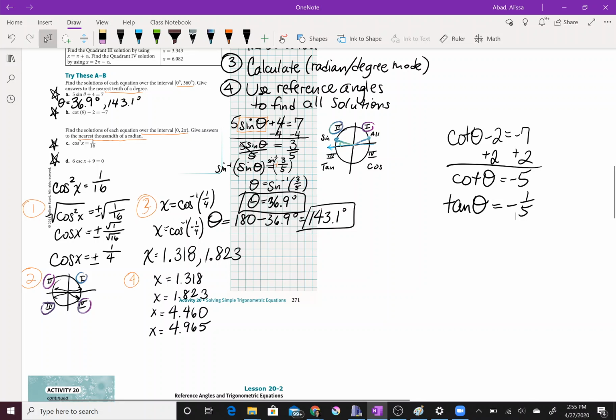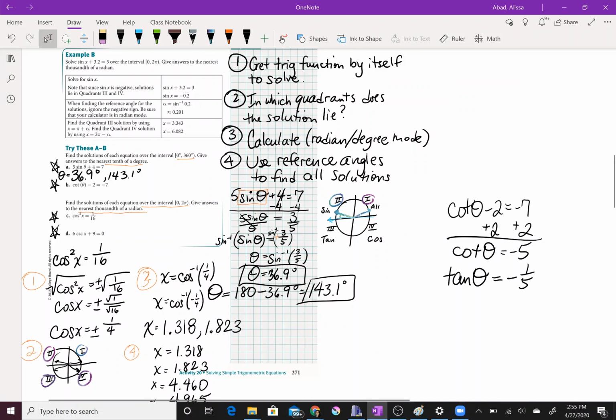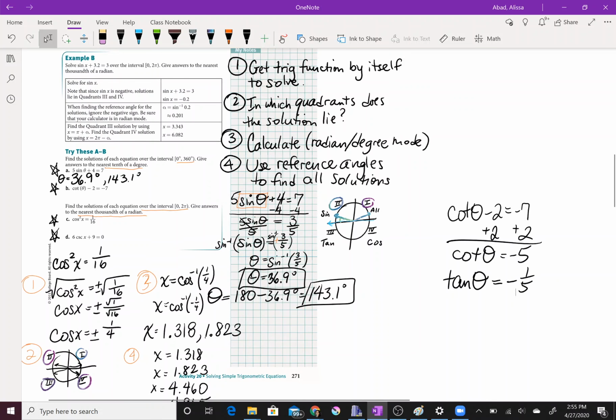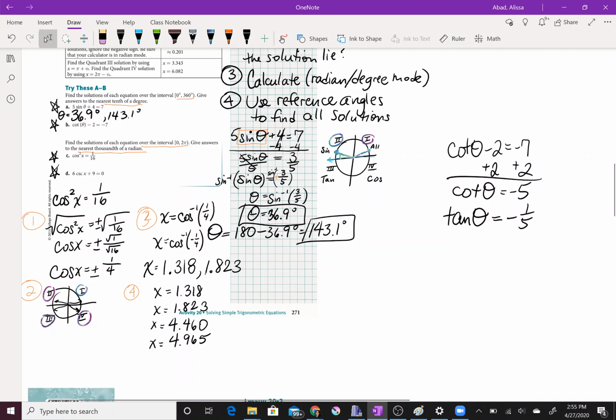Then I can use my calculator to find out what that solution is. In which quadrants does this solution lie? Tangent is negative here. So that means quadrant 1 will not work. Quadrant 3 will not work because tangent is positive in there. So that means it will have to be in quadrant 2 and quadrant 4.